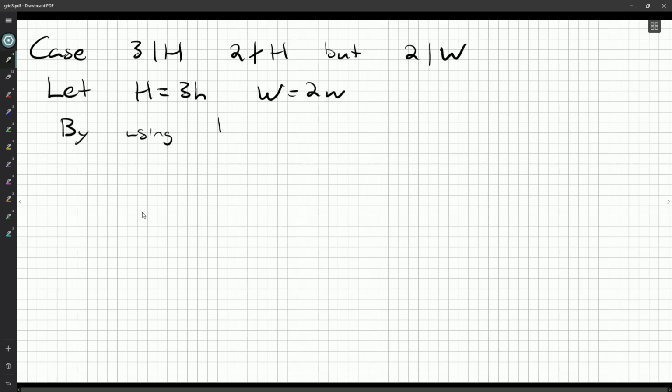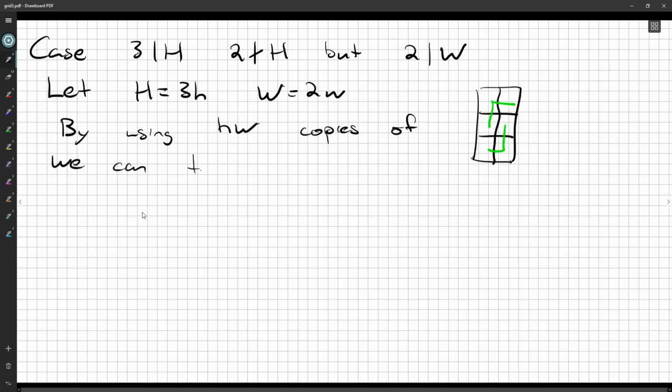By using H W copies of my 3 by, gotta make sure I get the height right. My 3 by 2 block, the very first thing we sort of noticed in this question, we can tile the H by W rectangle.